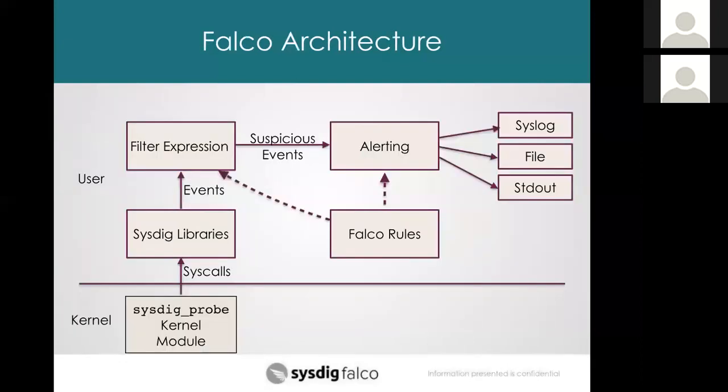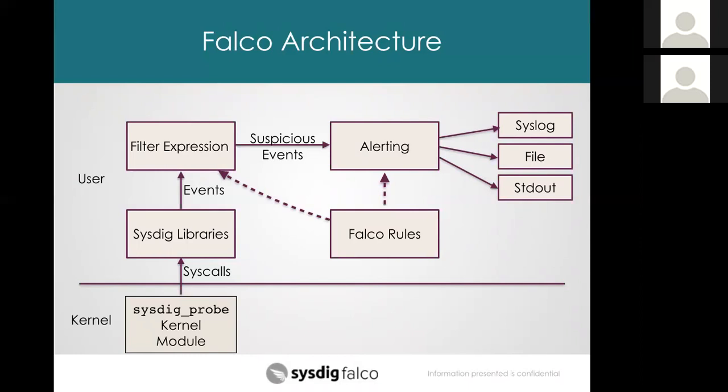Okay, so now we've got a teaser. Let's dive into Falco a little bit more and show you how it processes everything, from the lowest level system calls out to the alerts that go out. In this leftmost column, most of these capabilities are actually coming from Sysdig. It starts with the same Sysdig probe kernel module that exists for Sysdig. Falco uses the same kernel module. From that, it taps into the stream of system calls across the entire system.